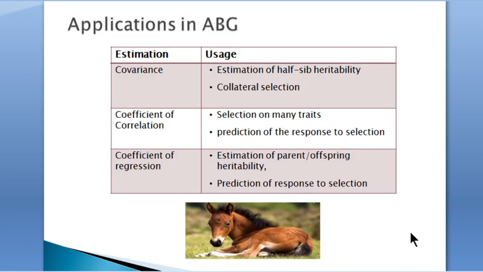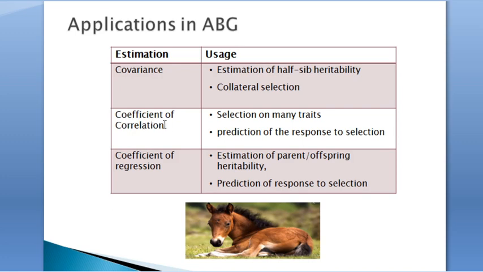So let's now discuss the application in animal breeding and genetics. The covariance is used for the estimation of half-sib heritability and to assess the collateral or correlated response to selection.